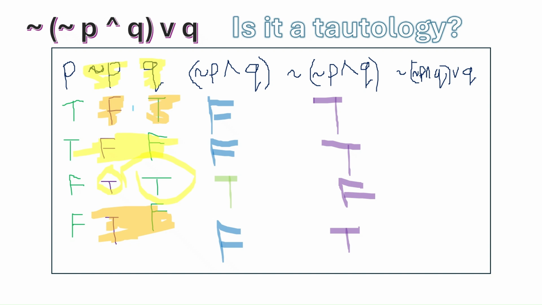The first part of the statement is this, which of course is this right here. And the second part of our statement is Q.